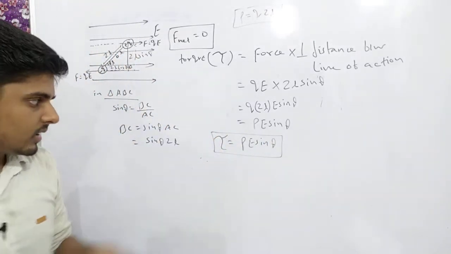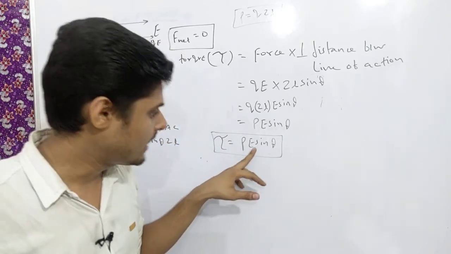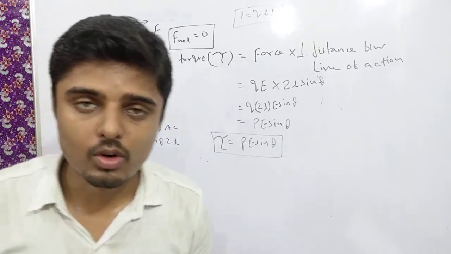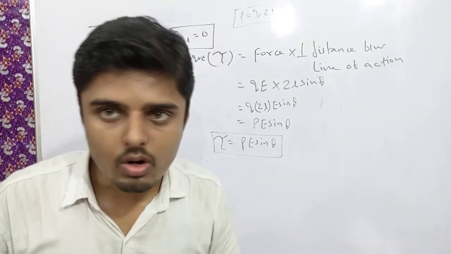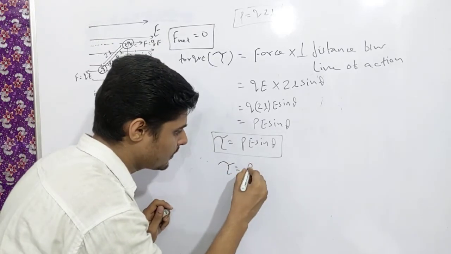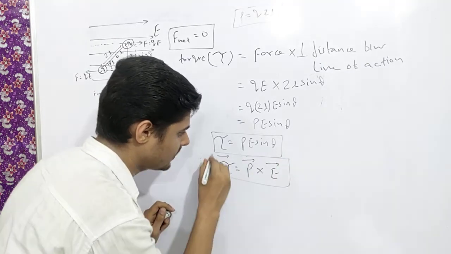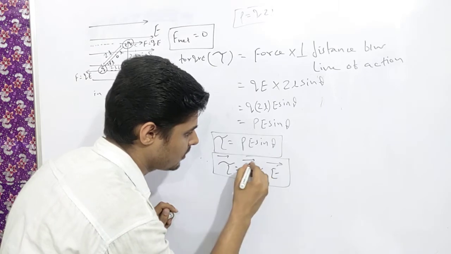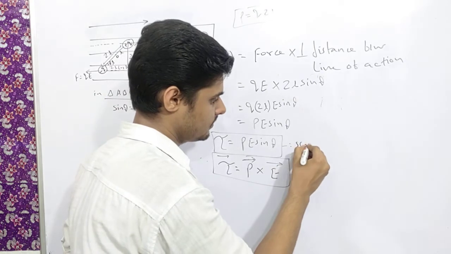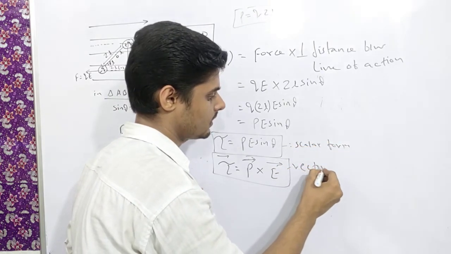As we know, torque is a vector quantity, P is a vector quantity, and E is also a vector quantity, and this is sin theta, meaning this is a type of cross product of vectors. So we can write torque, vector torque, is equal to vector P cross vector E. This is in the scalar form, and this is in the vector form.